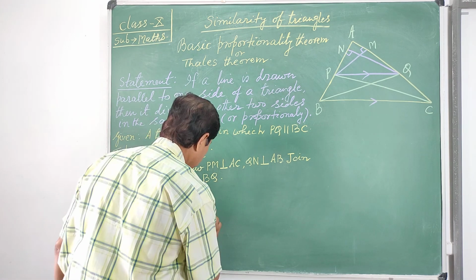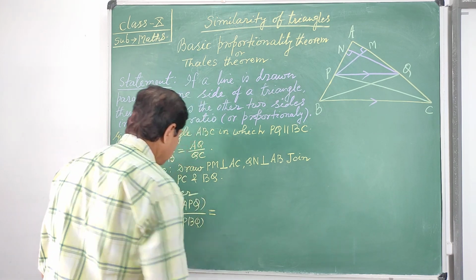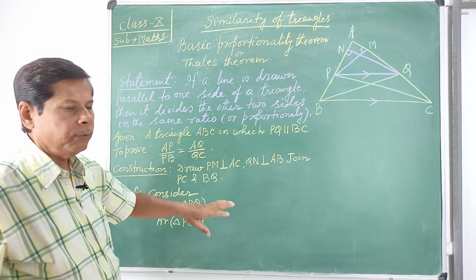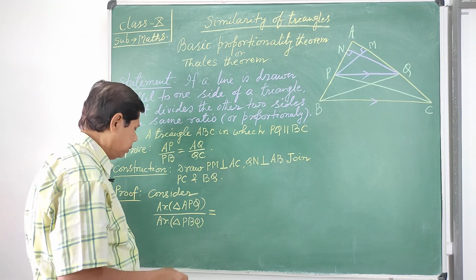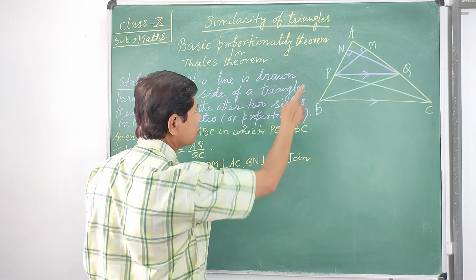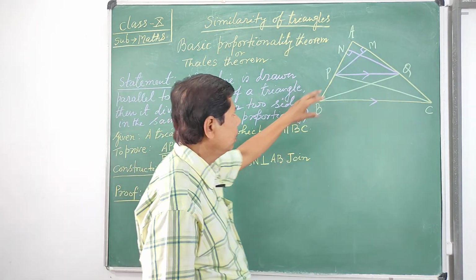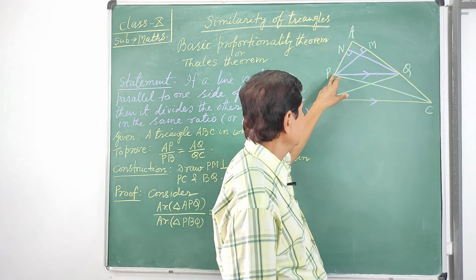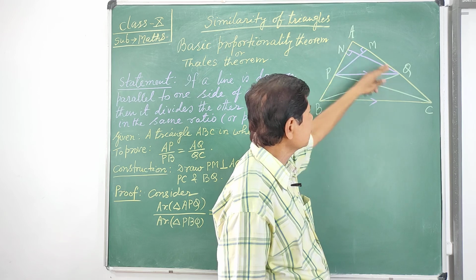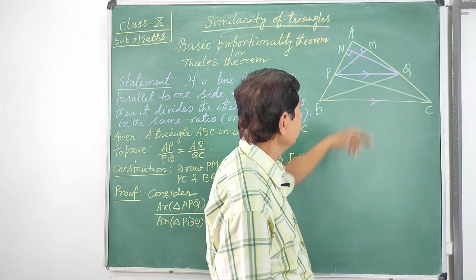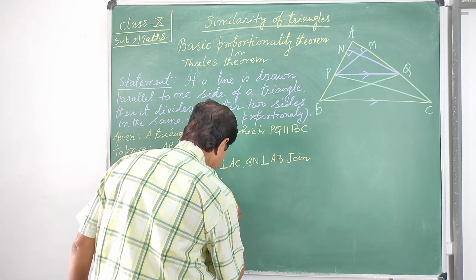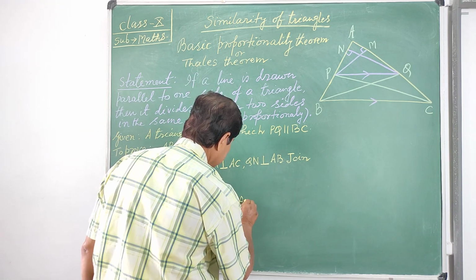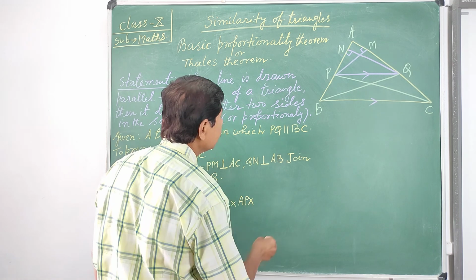As we know, since perpendiculars are drawn already, we shall use half into base into height. For APQ, this smaller triangle, we shall consider the altitude on the side AB. So AP will be taken as base, then on AB, QN will be the perpendicular. So half into AP into QN.